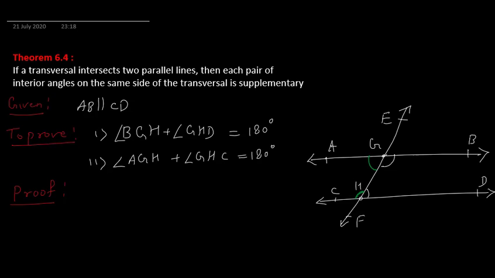So I will replace angle AGH with angle GHD. In the proof, first of all, angle AGH is equal to angle GHD. You can name this as equation 1. Okay, what is the reason? The reason is that they are alternate angles.